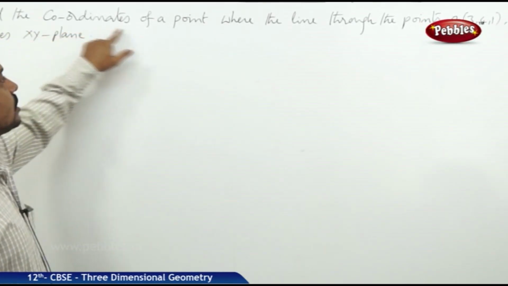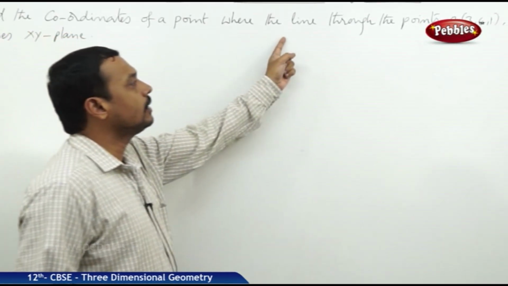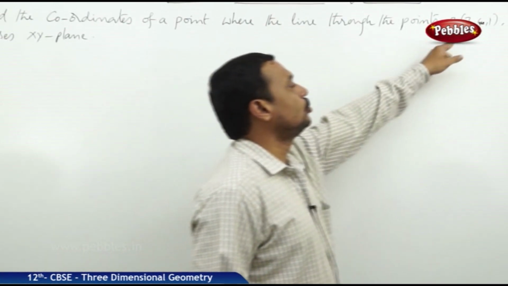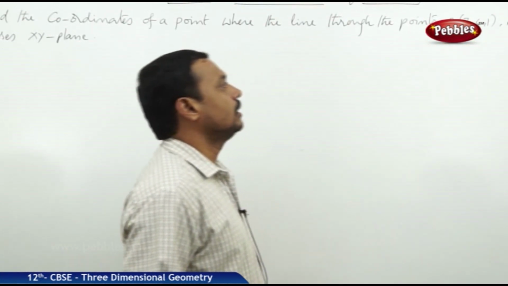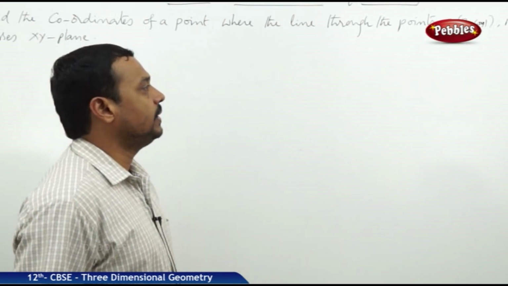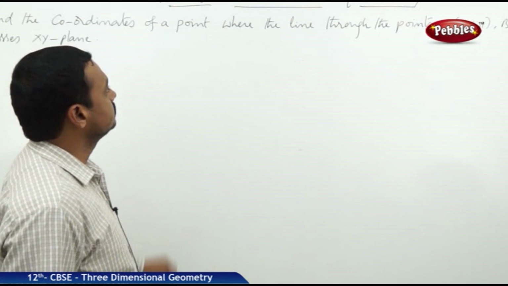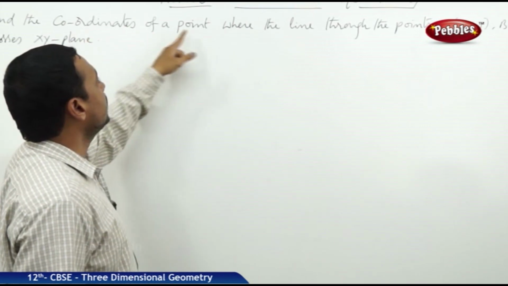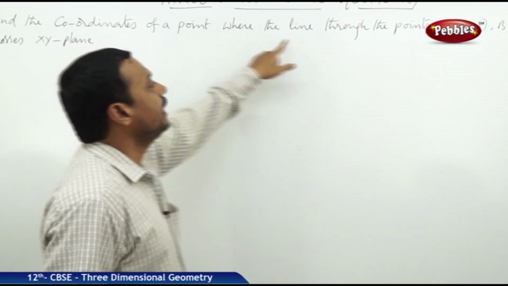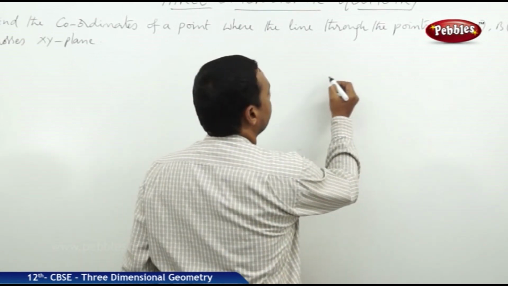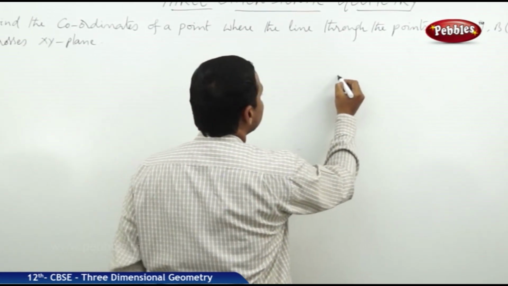Find the coordinates of the point where the line passing through two given points A(3, 4, 1) and B(5, 1, 6) crosses the xy plane.